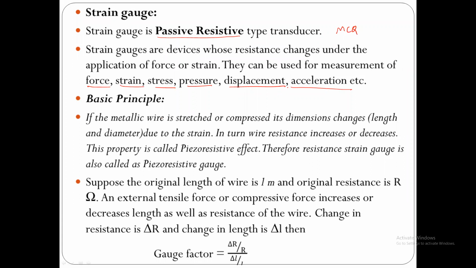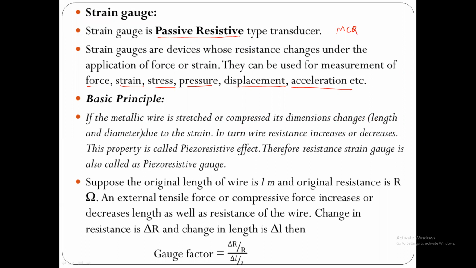Now, as I say, there are so many types of strain gauges available, but the basic principle behind all types of strain gauges remains the same. And what is that basic principle? If the metallic wire is stretched or compressed, its dimension changes.